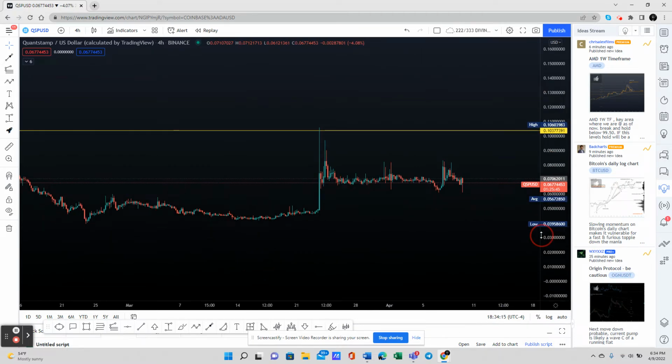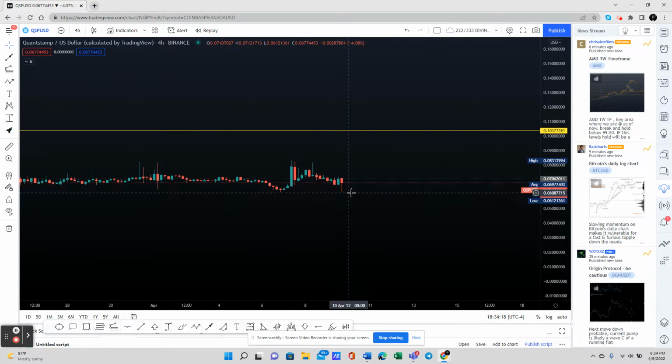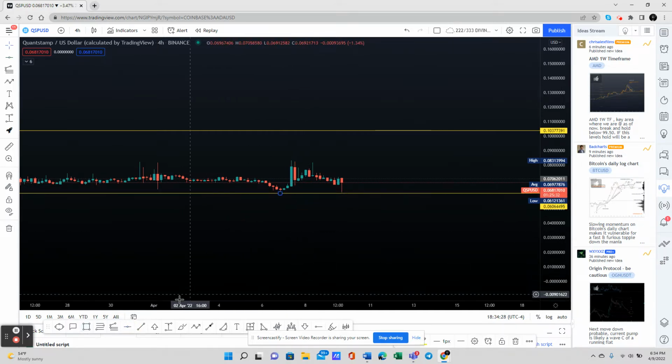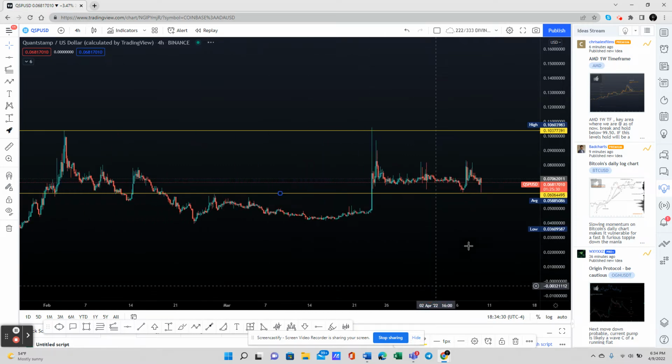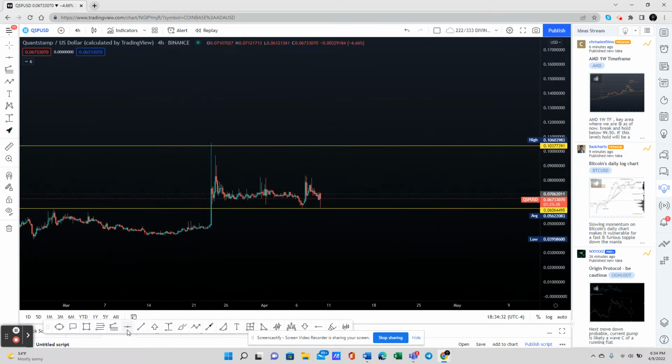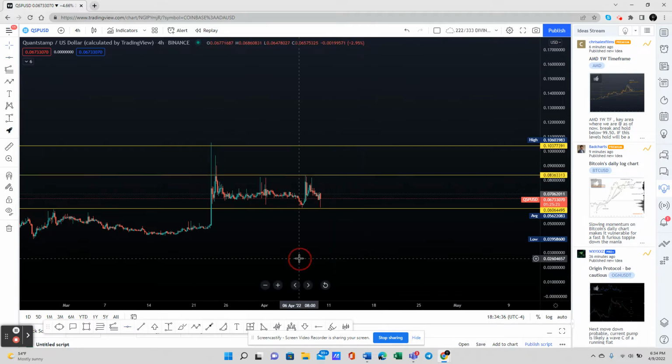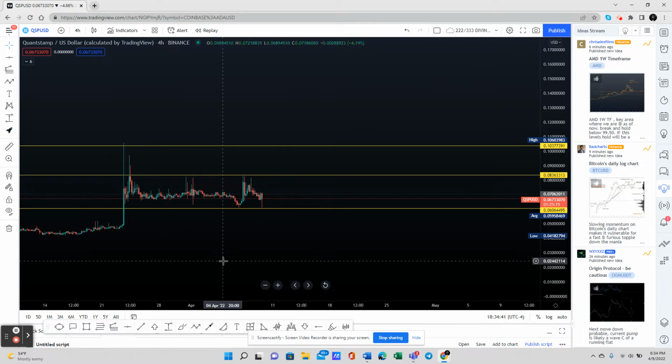Okay, so we got a double bottom right here too. So we could see a breakout with quant step as well. That will go up and we get a nice little retest, and our retest could possibly be in this region right here. So we still got a long ways to go.